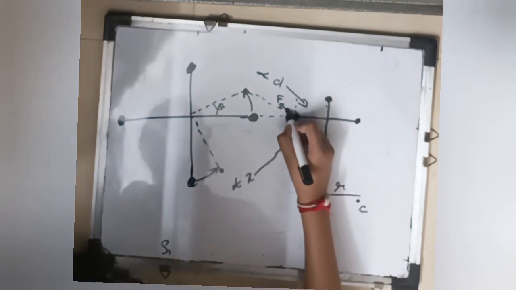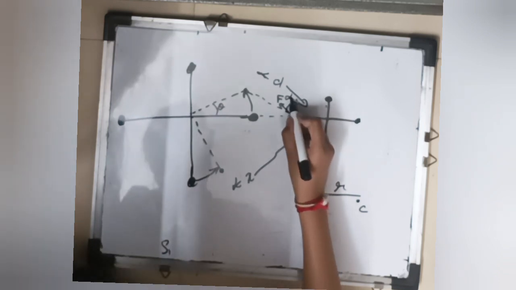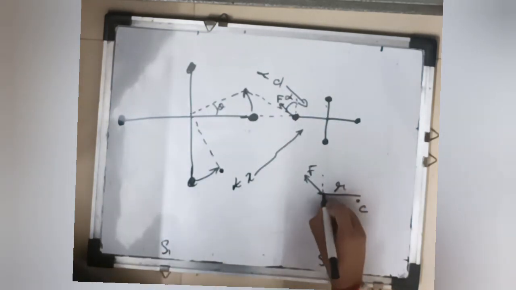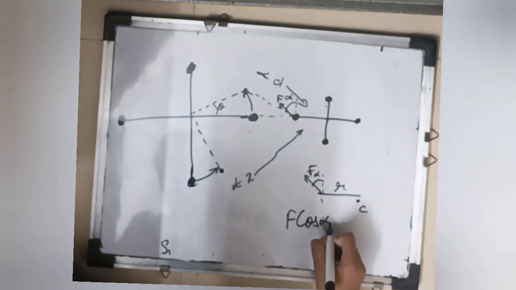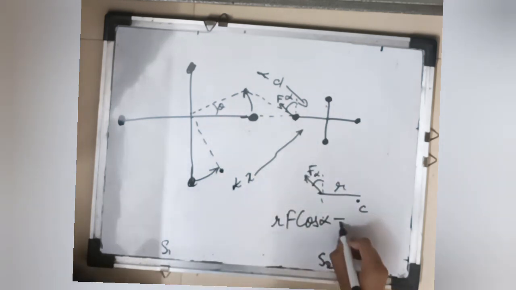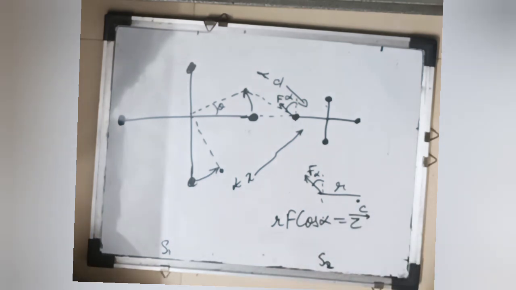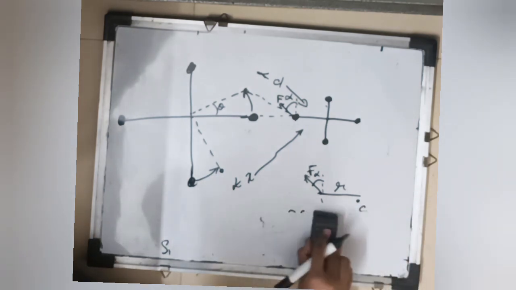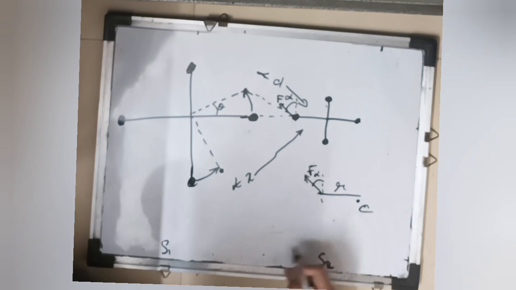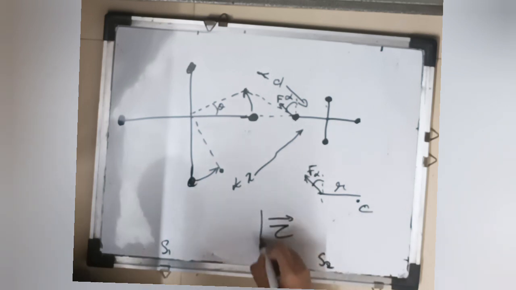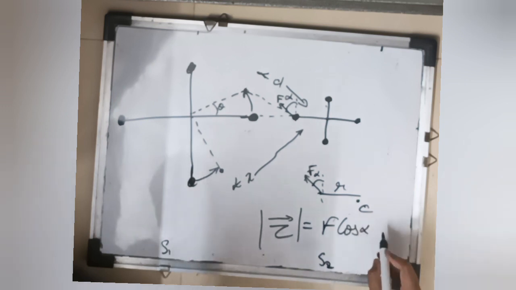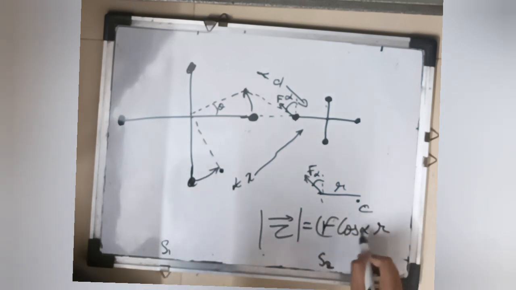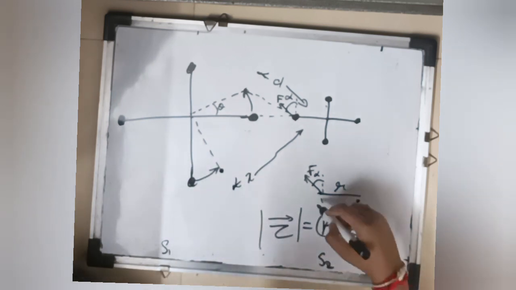The torque experienced on the body will be F cos alpha into R. F cos alpha is the perpendicular force. This was the magnitude. The direction is given by the right hand thumb rule. The direction of torque will act inside the plane.